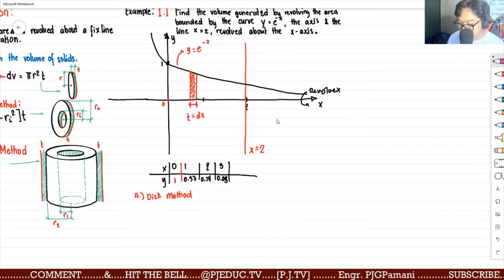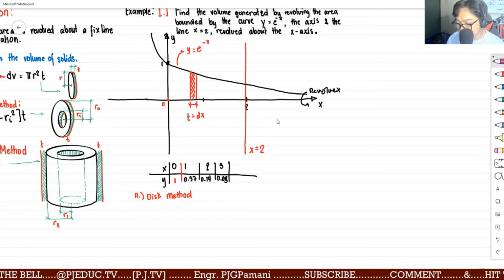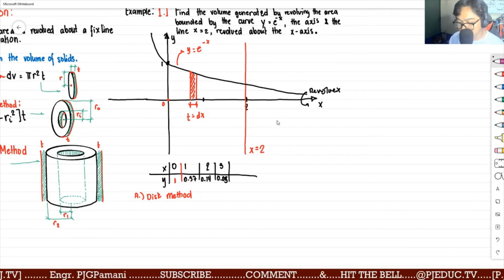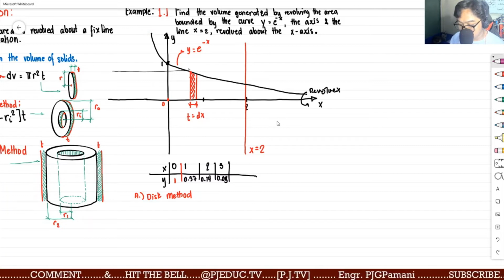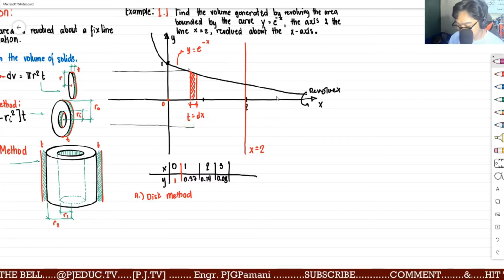Okay? Ngayon, gawa tayo ng imaginary disc. A disc that will revolve along the x-axis. Project natin yan. That is already half of the disc. So ito yung ating disc.